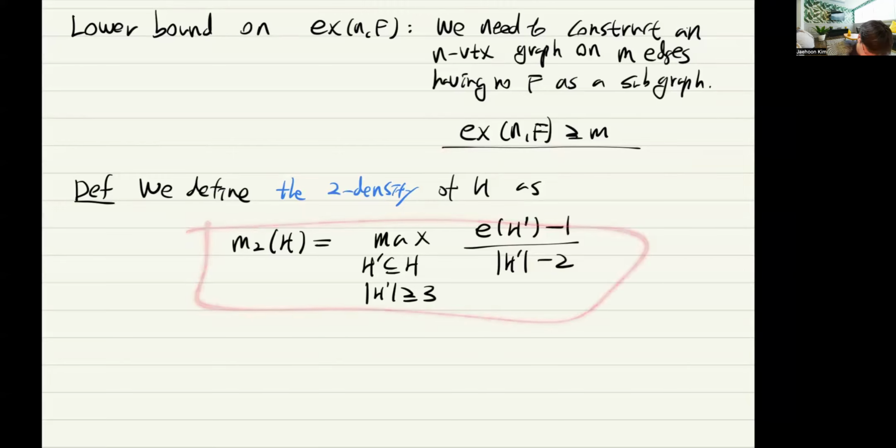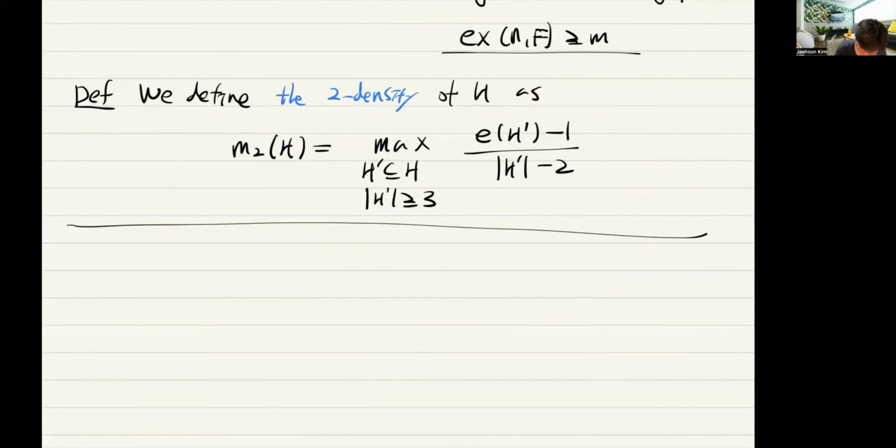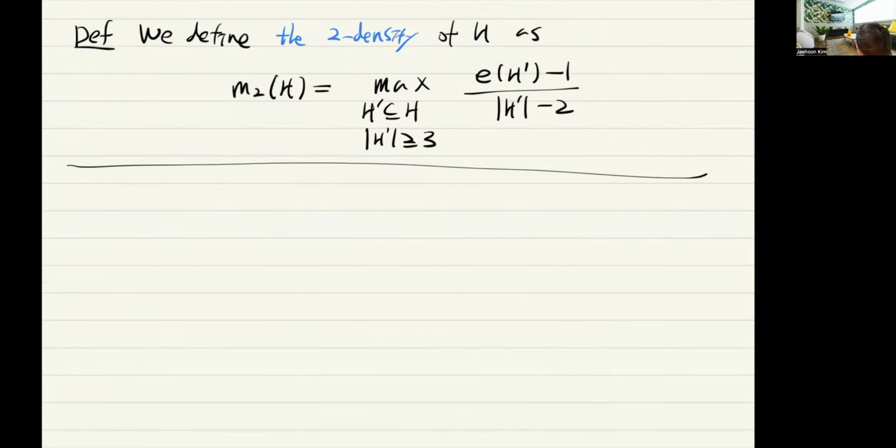So this is some quantity called 2-density, and the reason why we write it this way will be clear from the next theorem.